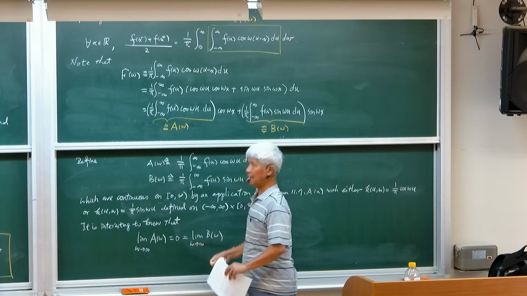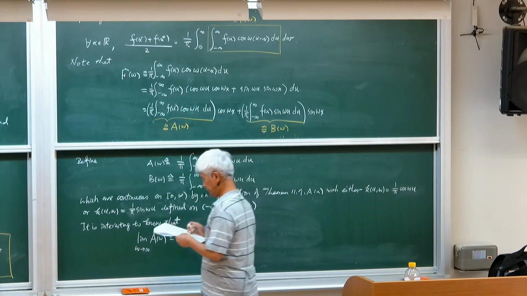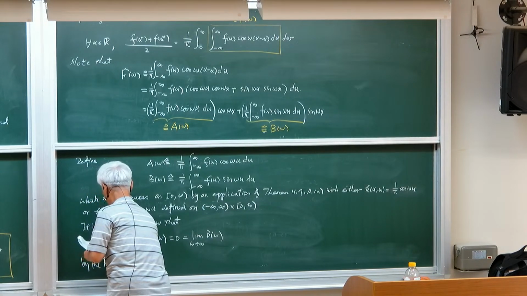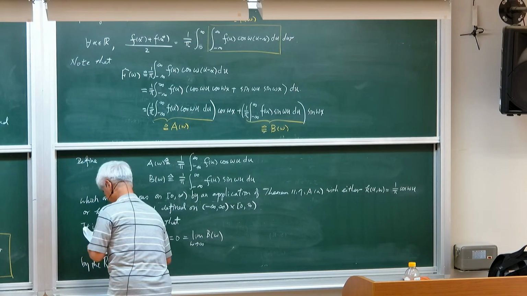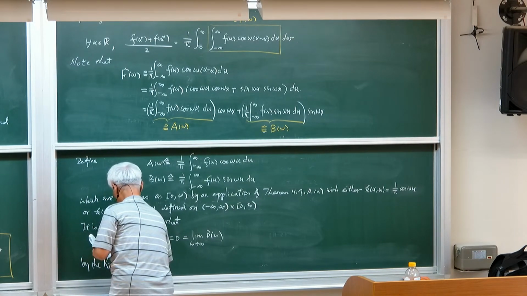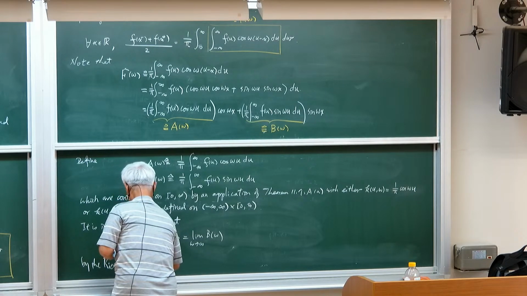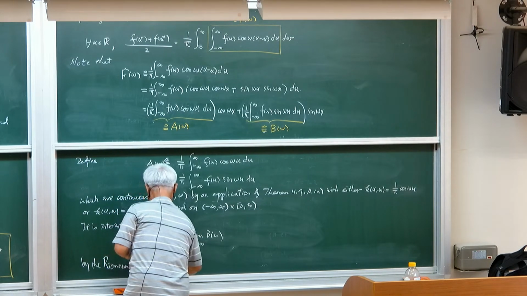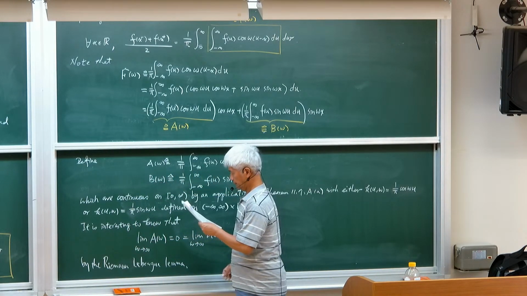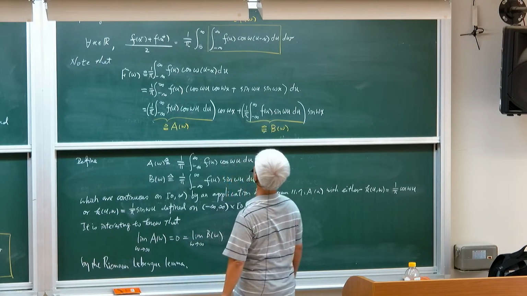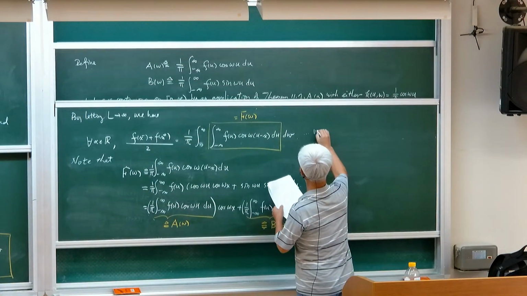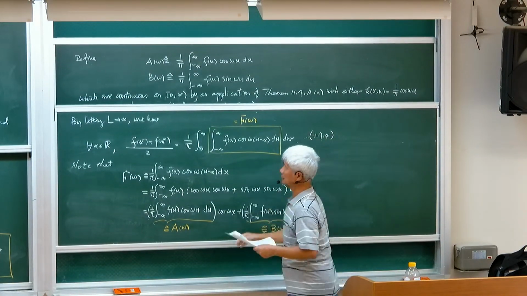So A omega and B omega both go to 0 by the Riemann-Lebesgue lemma. Okay, so this is 11 sample 4.